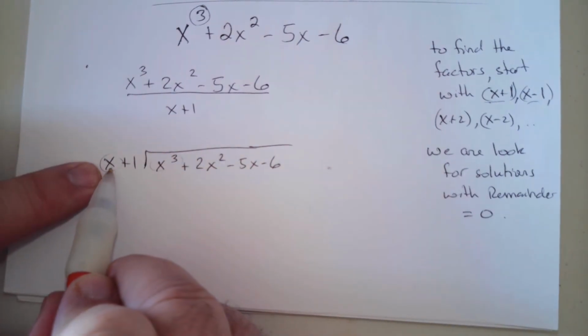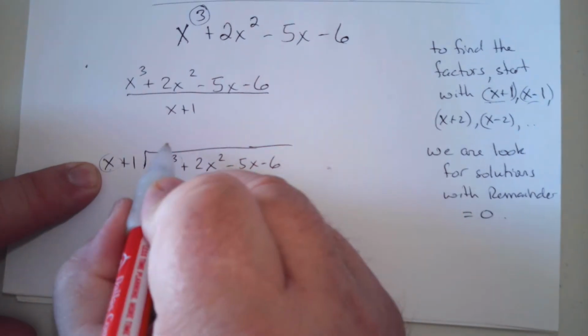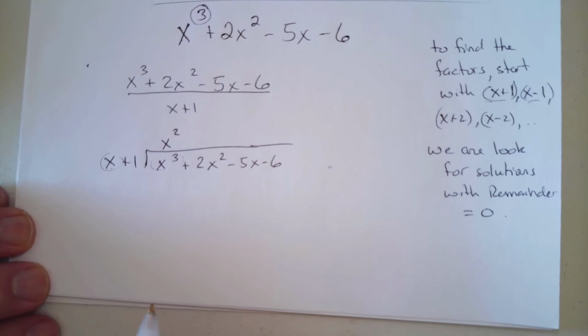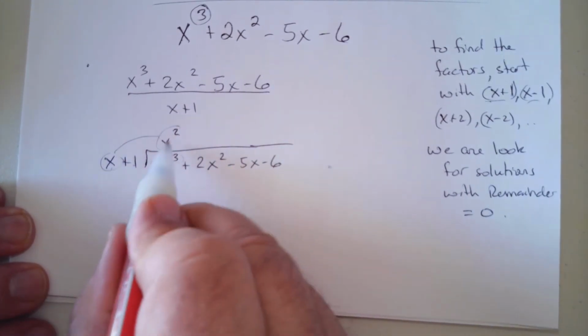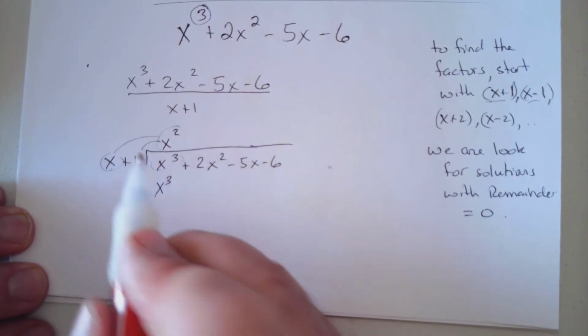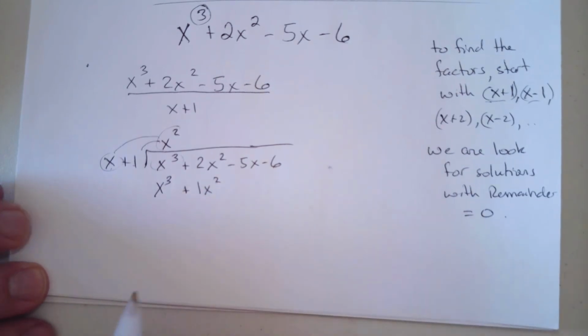So what times x gives you x cubed? So just missing 2 more x's. So take this, multiply both of those. X squared times x is x cubed. X squared times 1 is 1x squared.